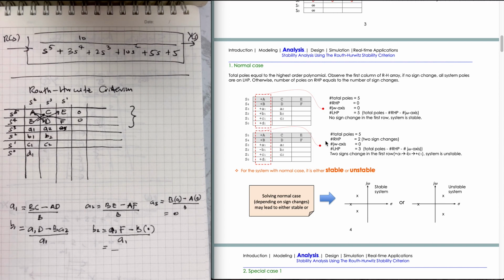Immediately we know that there are 2 poles on the right hand plane. The total is 5. The right hand plane is 2. No poles on the imaginary axis. Because this one has taken 2, there must be the remaining 3, right? So we have 2 on the right, 3 on the left.